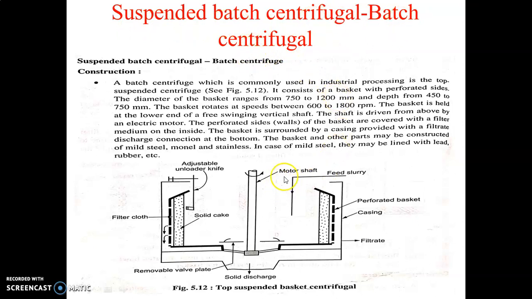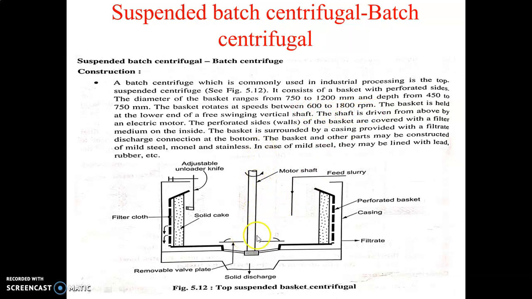In this case, the diameter of the bowl or basket is 750 to 1200 millimeter, and its depth is 450 to 750 millimeter, and the basket is rotated at a speed of 600 to 1800 rpm.